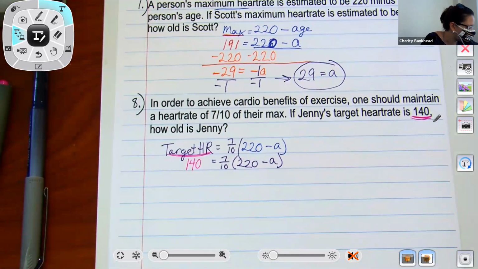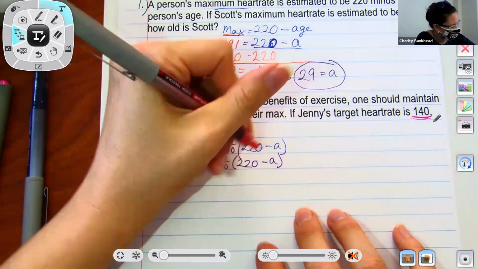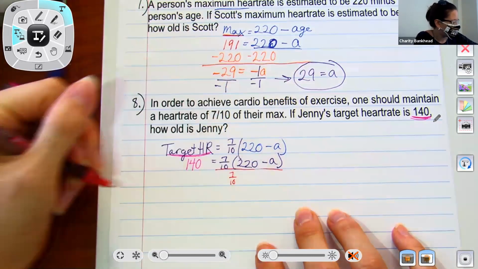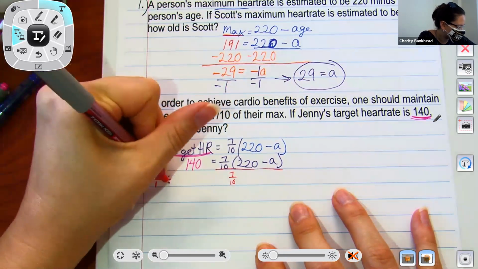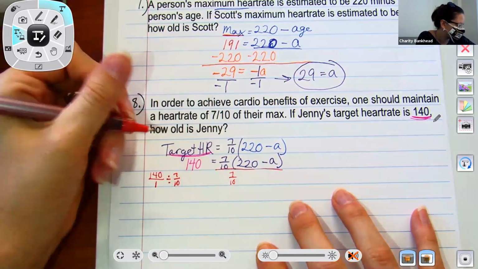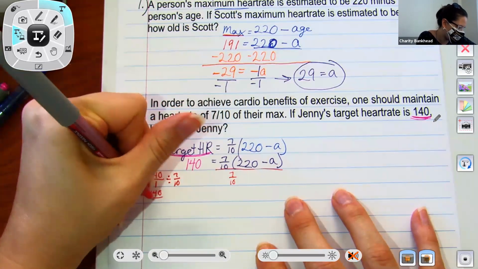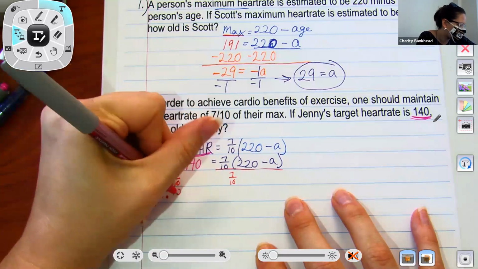All right, so there's a couple different ways we could do this. Probably the easiest way is, let's get rid of the fraction. So we could actually just divide by 7/10. So 140 over 1 divided by 7/10 is the same thing as 140 over 1 multiplied by 10/7.